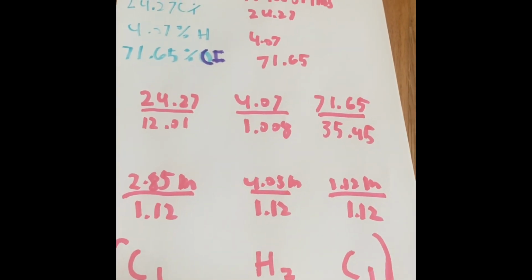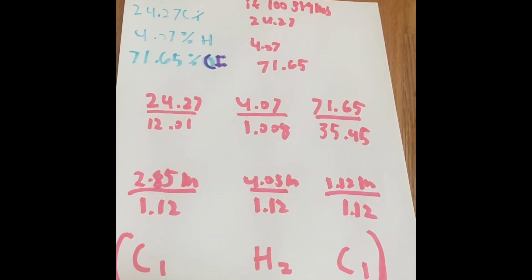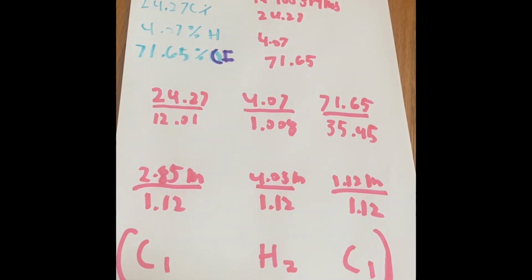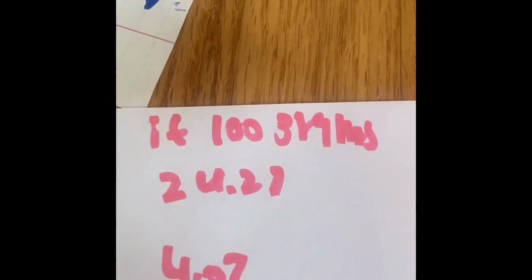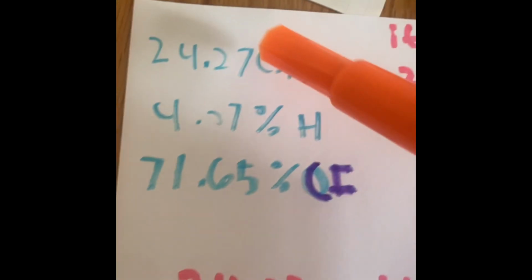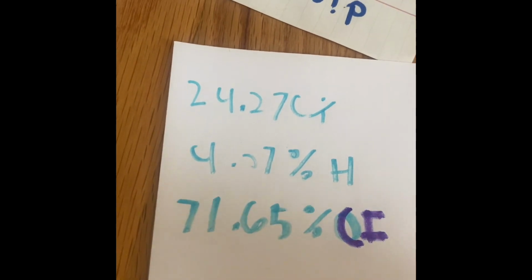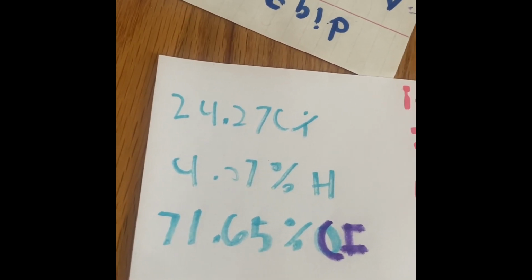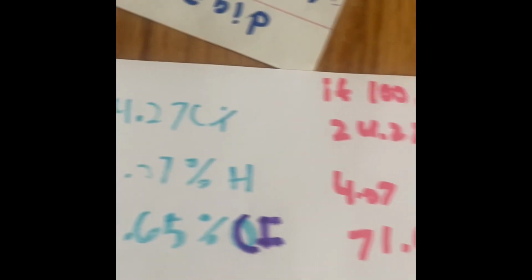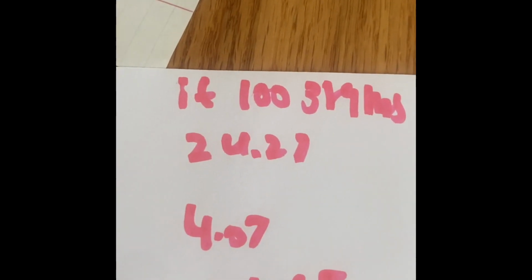But there is a little problem with this. This happens if the molecule was 100 grams in total. What we got here is just how much each element is covered by each mass, how much each element takes up as a percentage of the entire compound's mass.